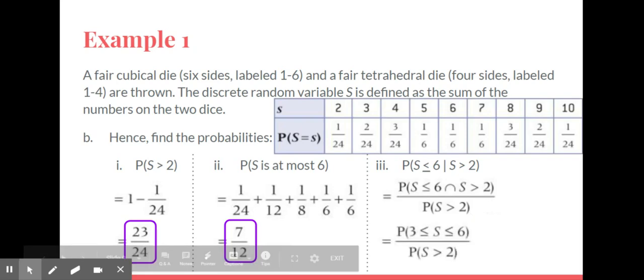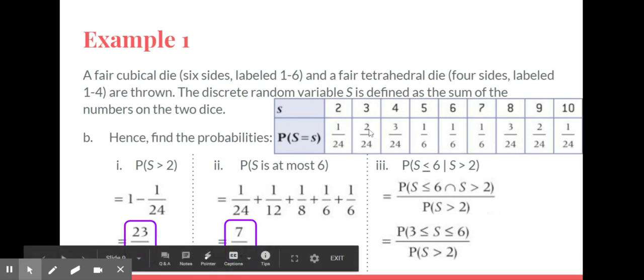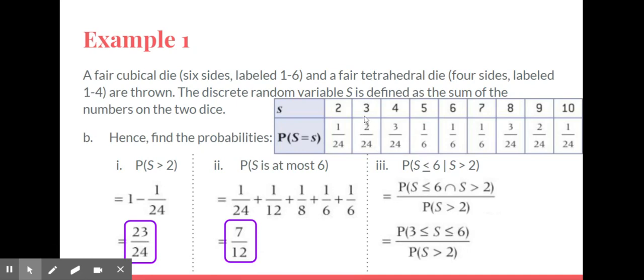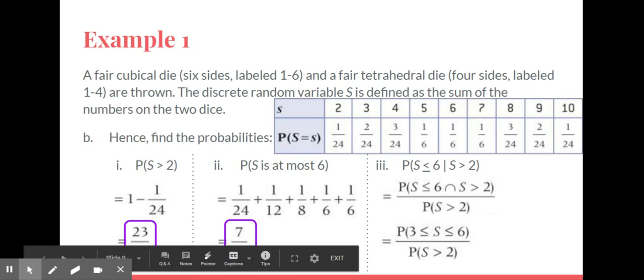So just to tweak it a little bit, that might help in case you weren't sure why I was looking at these 5 pieces. We're looking at the probability that the sum is between 3 and 6 inclusive. If I'm strictly greater than 2, that means I'm including 3 and up. So that's why we changed it to a 3 and changed it to a less than or equal to sign.